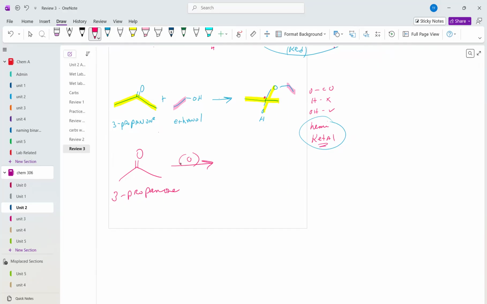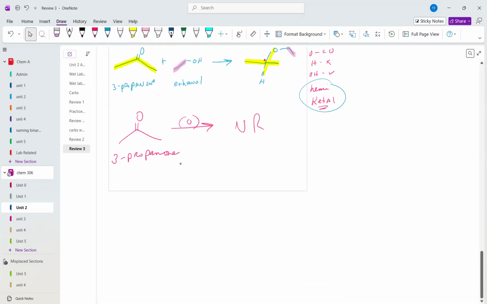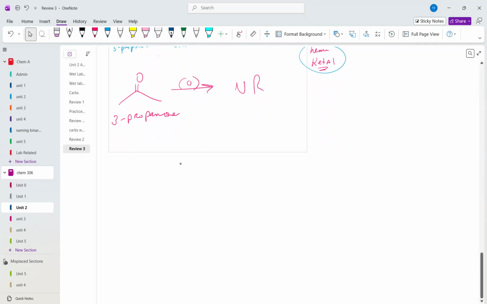You don't have to memorize that. What is the product going to be? Can ketones be oxidized? No, so no reaction. Some people go, oh, that was a trick question. It was an easy question. Don't have to write out any products there.